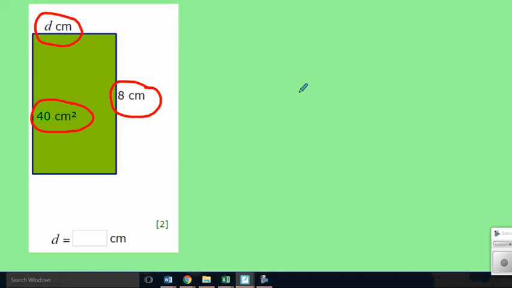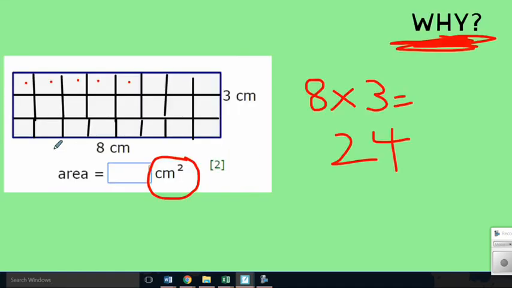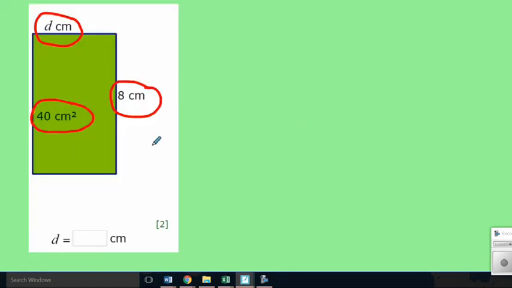So let's have a think. Going back to what we've just done here, if I know that I have to times the 2 sides together to find the area, we need to work backwards. We need to do the inverse. So if your area in total is 40, we've got to think what 2 numbers times together to make 40.